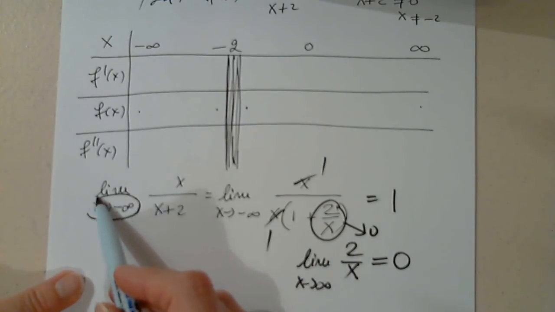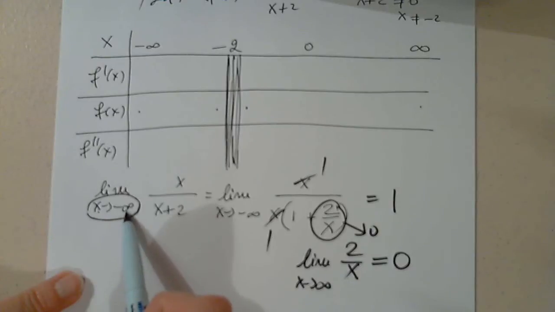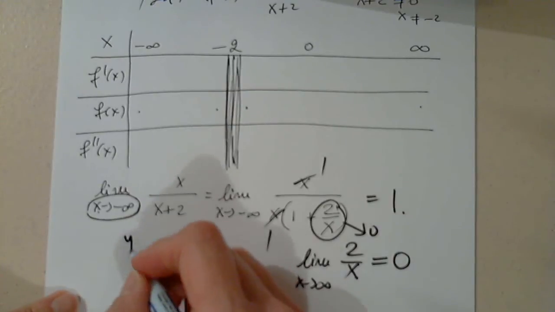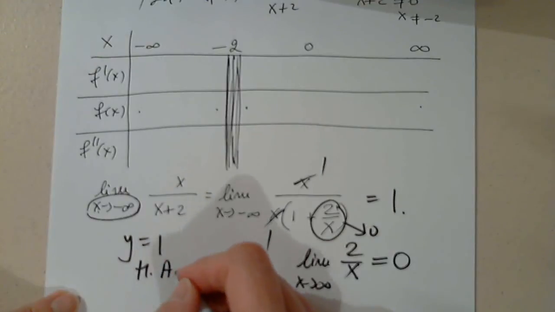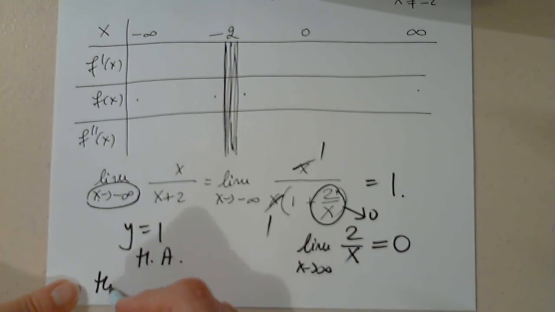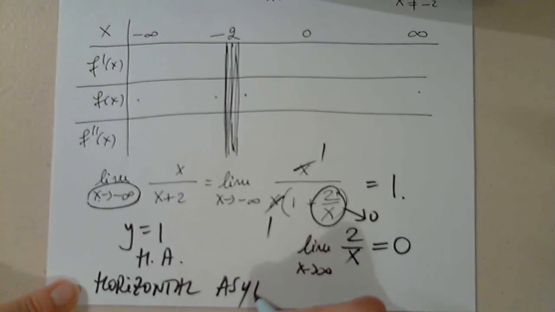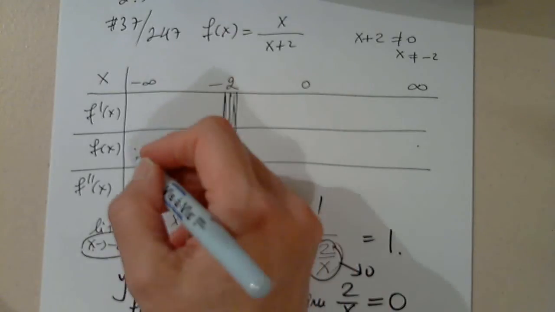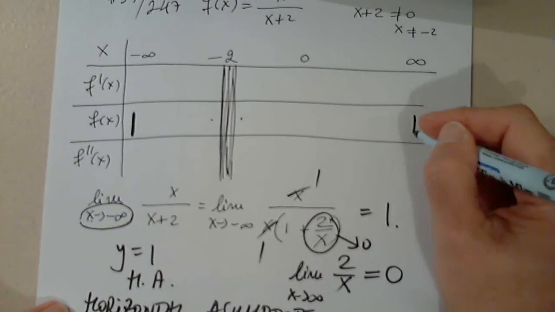When a function value approaches a number as x approaches -infinity or +infinity or both, this becomes y equals 1. y equals 1 is a horizontal asymptote. It will be the same thing at the other end.